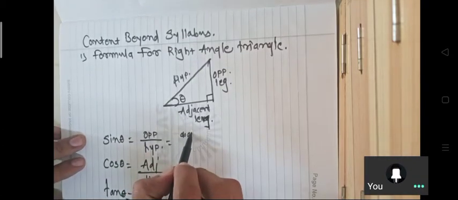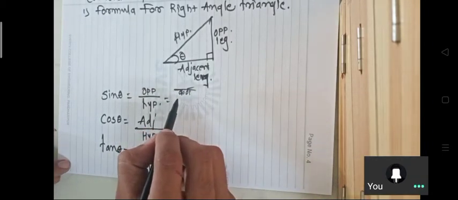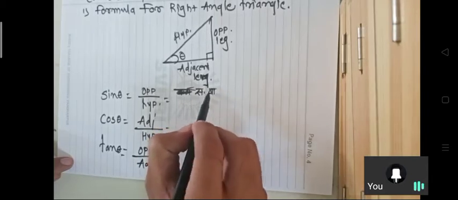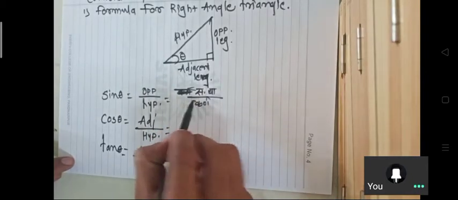So for those who learned this in Marathi medium, for them let me write here: opposite म्हणजे कर्ण, बरोबर ना? Sorry, opposite means समोरील बाजू, सबा असं आपण काहीतरी लिहायचं, मला पण विसरलं आता हे. सबा अपॉन कर्ण, बरोबर ना?